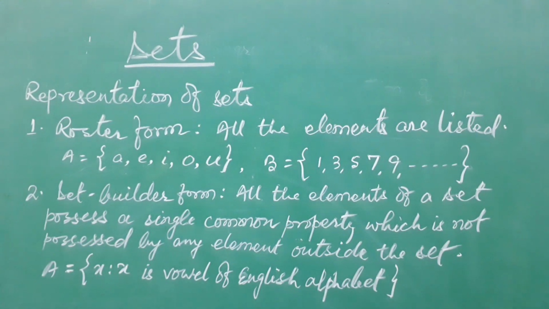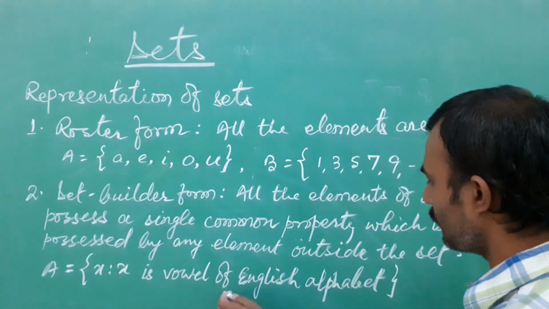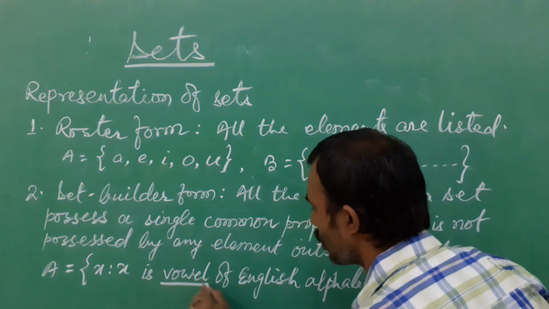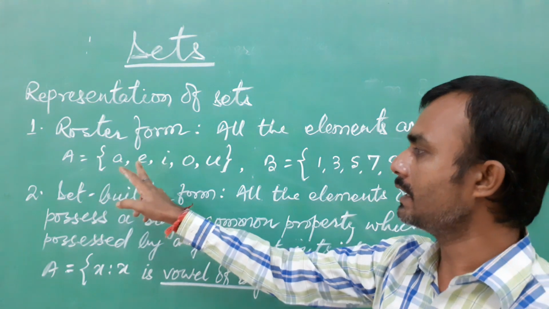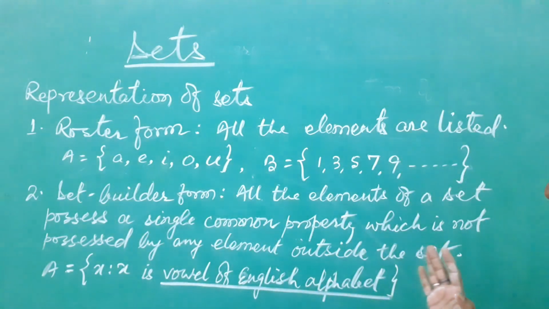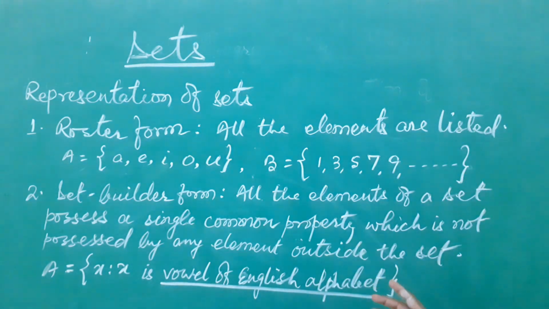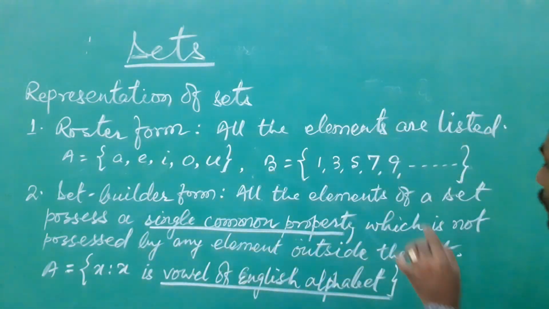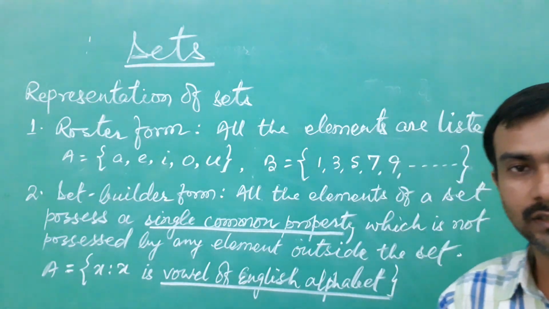In this example, x such that x is a vowel of the English alphabet has a common property, which is possessed by only A, E, I, O, U. So in set builder form, all the elements have a single common property, which is not possessed by any other elements.